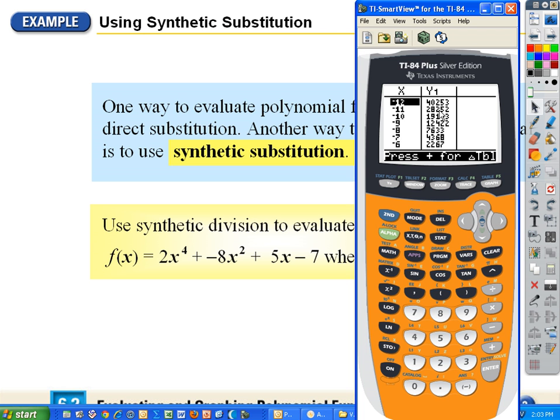So if I get a bunch of values in a row that I want to use for x, this is a good way to do it. Like let's say I wanted to know for 5, 6, 7, 8, and 9 what the values of the function were. Well, there they are, right there. So that's another real convenient way to do lots of evaluations of a function.